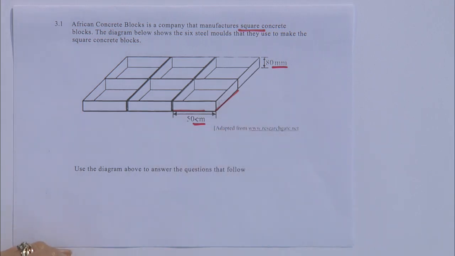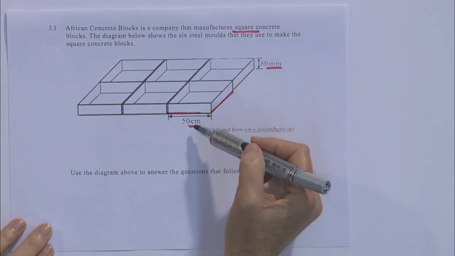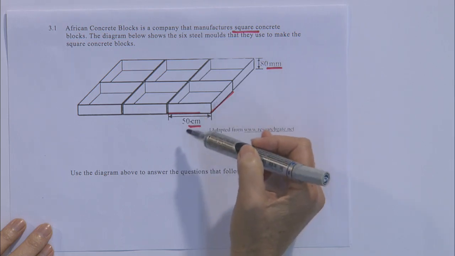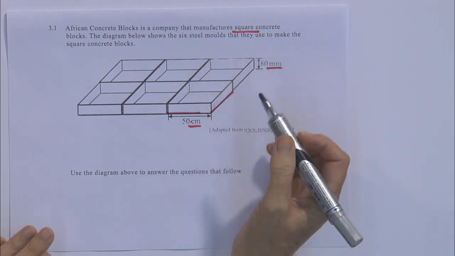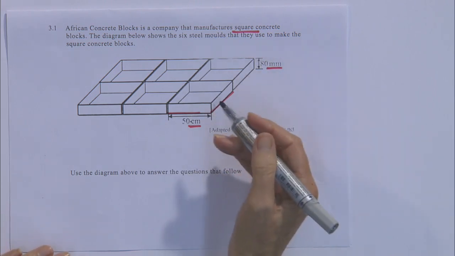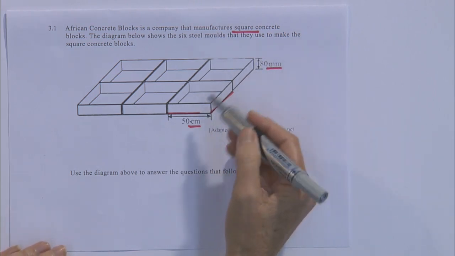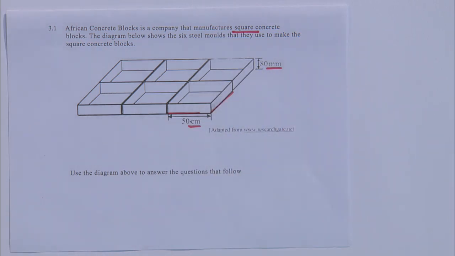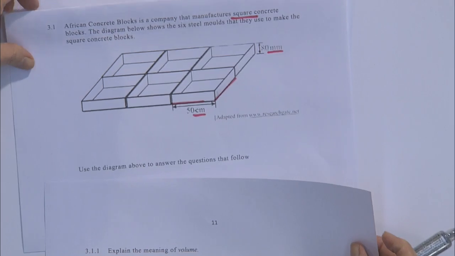So I have a problem, which I realized from the beginning, that I have 50 centimeters and I have 80 millimeters. So I can't work with them. I need some other guidance or a hint or assistance in my question that will tell me which one I must convert.